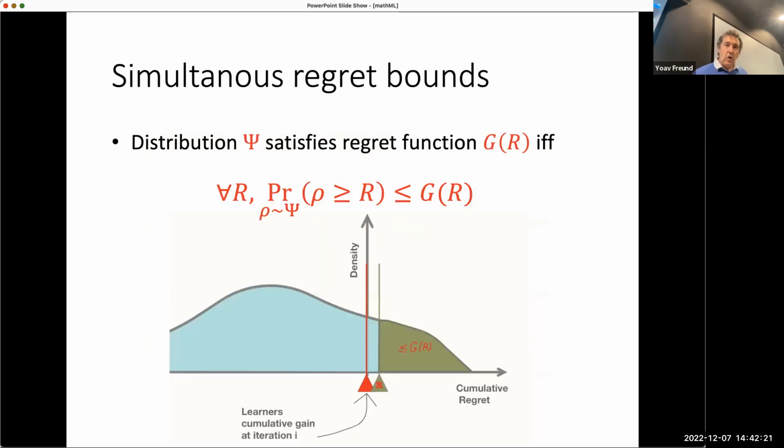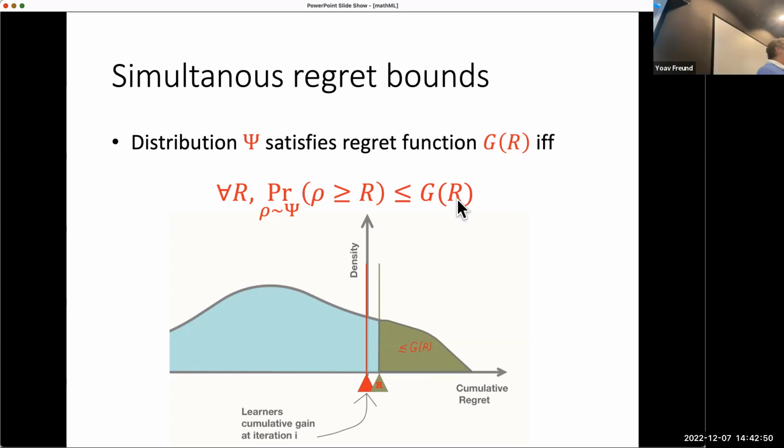All right, so the kind of bound that we're doing here is a pretty strong type. Before, I set epsilon, and that was kind of defining everything, when to stop and so on. Here, I want to have a function g(r), a function of the regret, such that for every r, the probability that the regret is larger than r is smaller or equal to g(r).